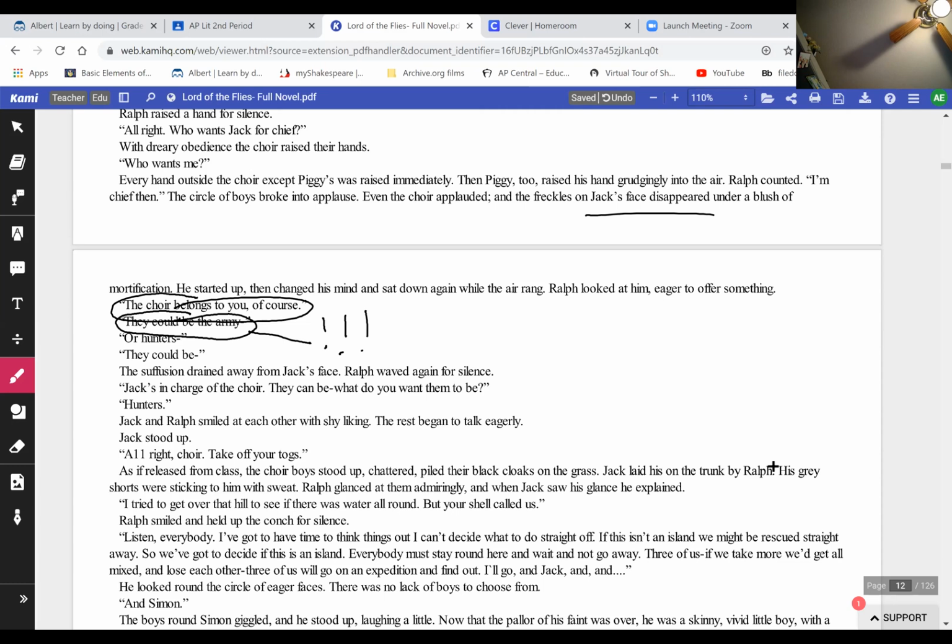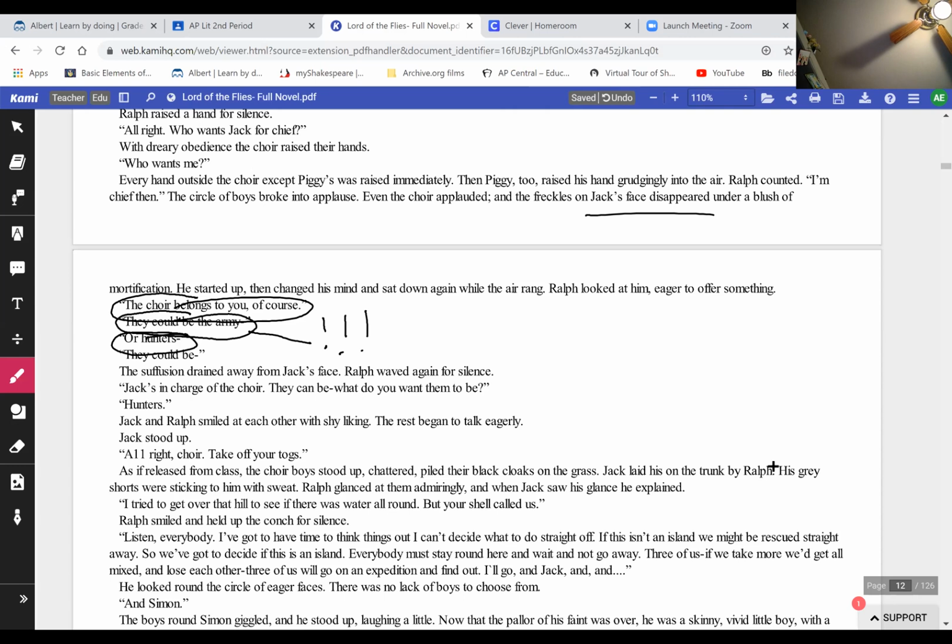They're just simply trying to survive. Jack's first reaction is an army, whose goal is to attack and to fight. And Ralph tries to bring in some sense of common sense here, that you can be hunters, because they're going to need food.